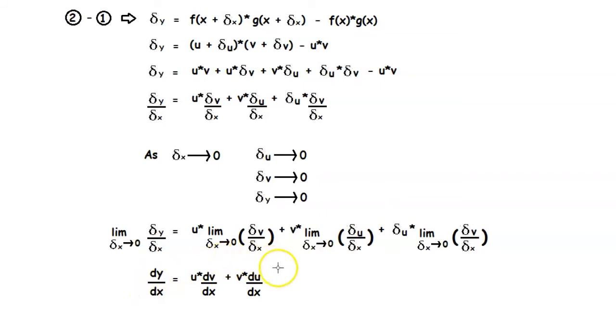So this is our final answer. Just like that, we have proved the product rule. So this is why I took delta x under delta v here, and here delta x under delta u, so that we can get our final answer according to our product rule.